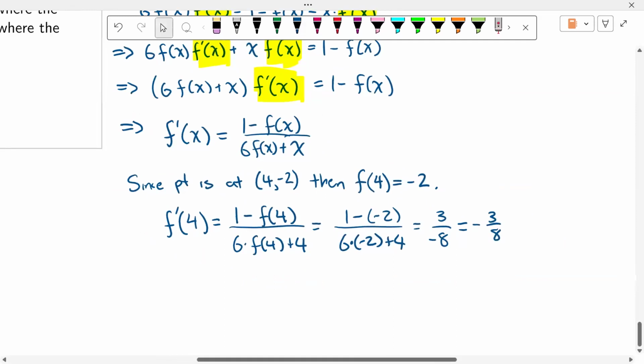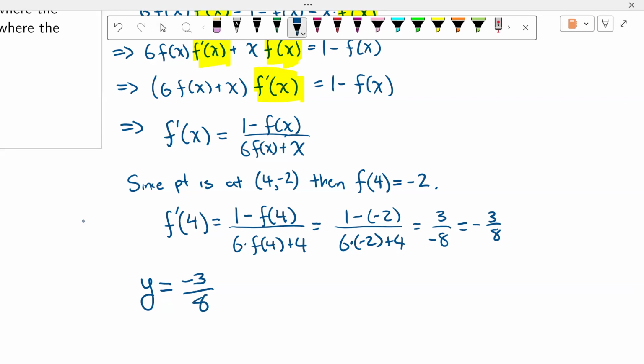Now, how do I get the equation of my tangent line? What comes right after this y? Yeah, f prime of a, and what's my f prime of a gonna be here? -3/8, yeah.